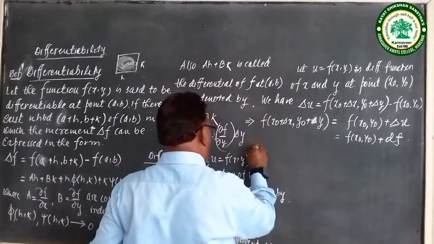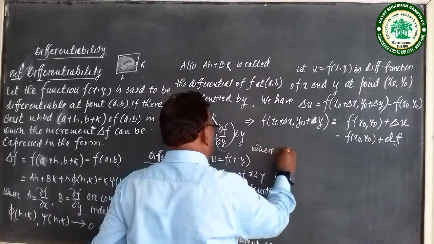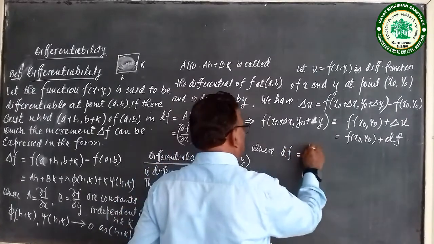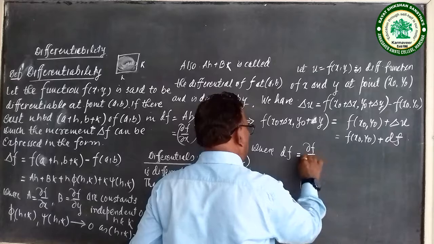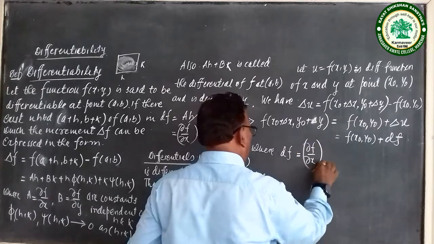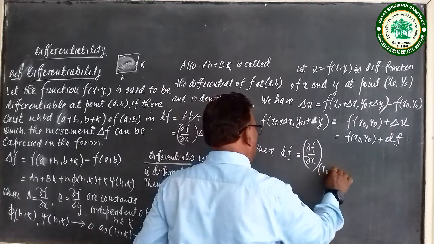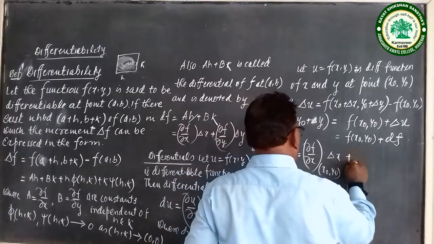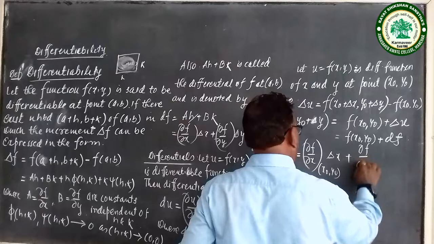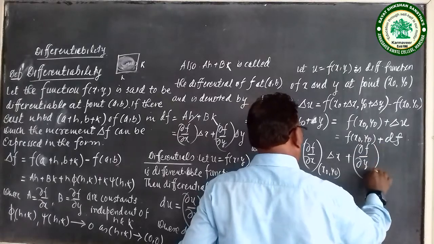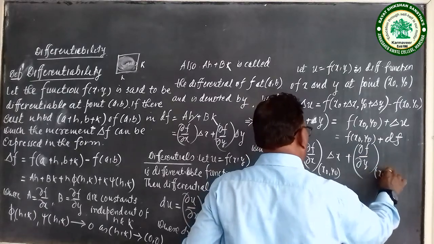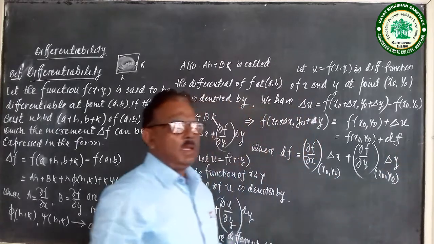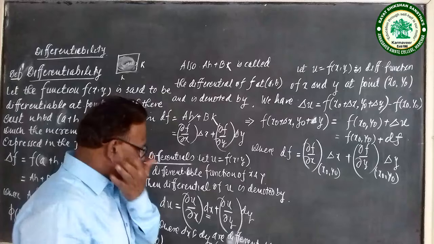Okay, where df, that is the total derivative of f, is the partial derivative of f with respect to x at the point (x naught, y naught) into delta x plus the partial derivative of f with respect to y at the point (x naught, y naught) into delta y. These delta x, delta y are increments in x and y.